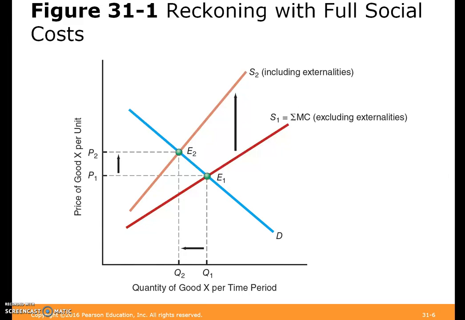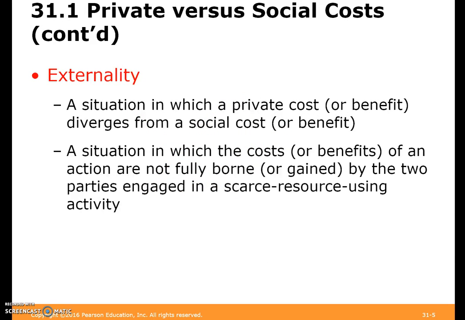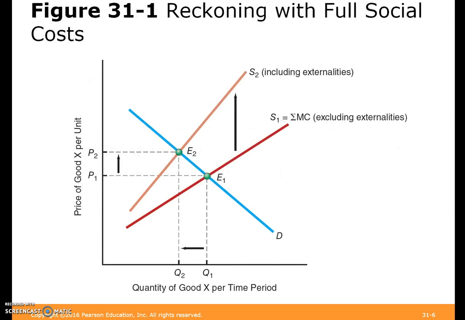So here's a graph that's dealing with this question of an externality. Suppose this is S1, which is some marginal cost of some action, but we're not taking into account the externality.